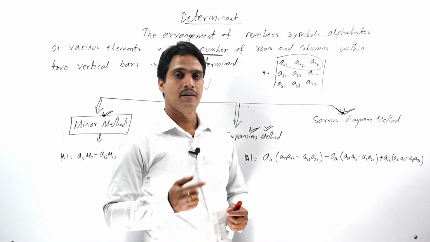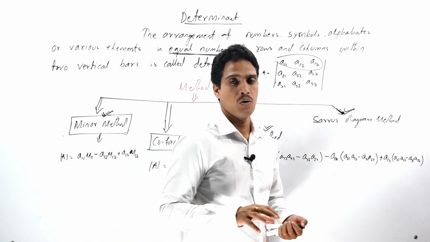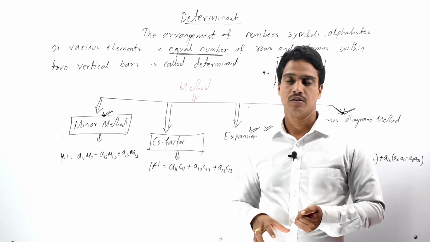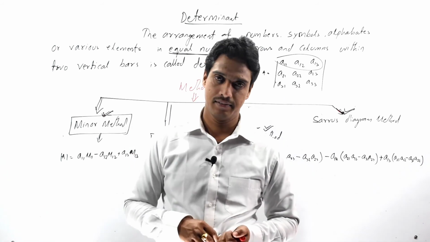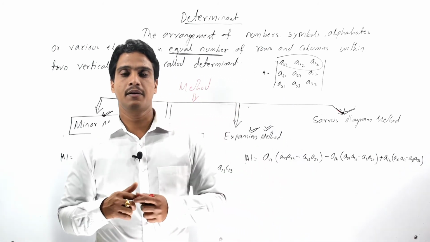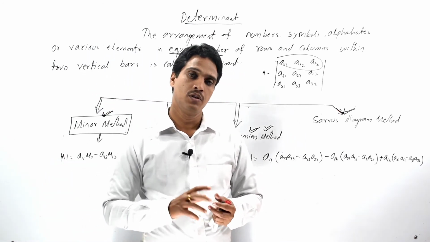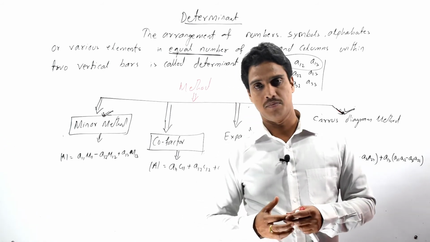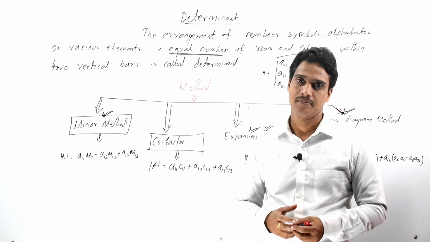Then in our second step, we should find the product total of the elements of our principal or main diagonal. In our third step, we should find the product total of the cross diagonal elements.